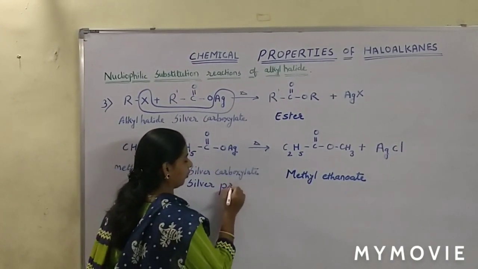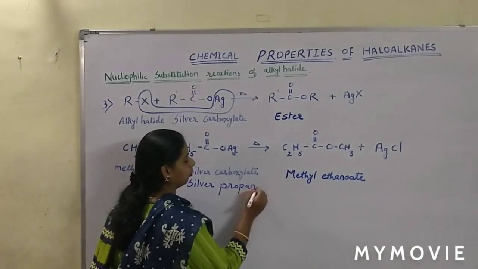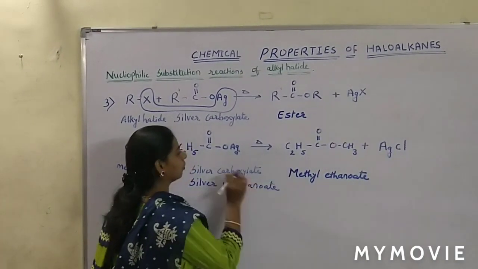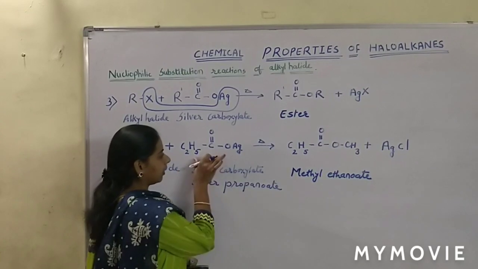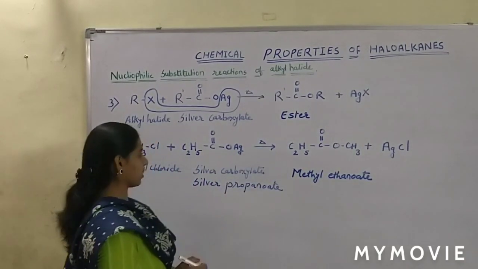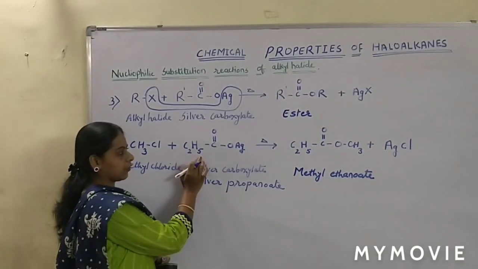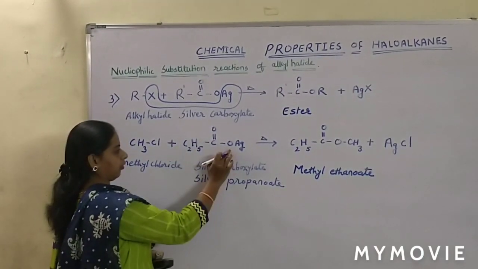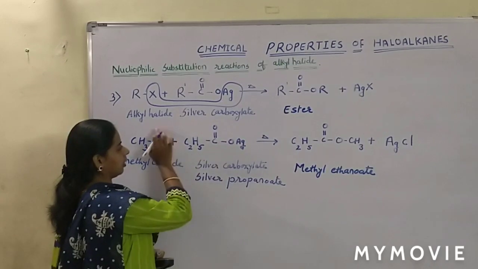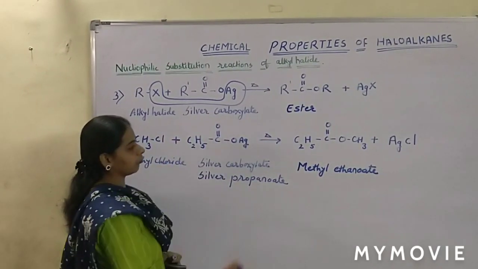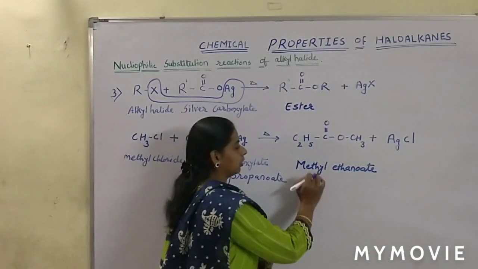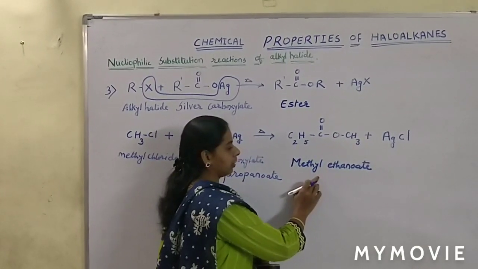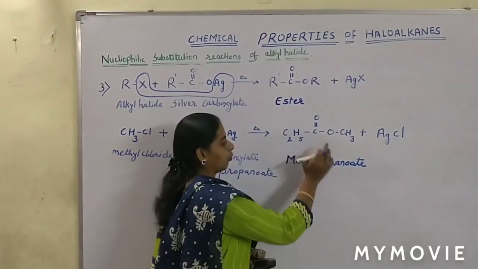So it is silver propanoate. Under heat that reaction is carried out. Now C2H5 C double bond O, this oxygen connects with the methyl group. HCl will be leaving from that product. So the name of the product which we are getting here is methyl propanoate.